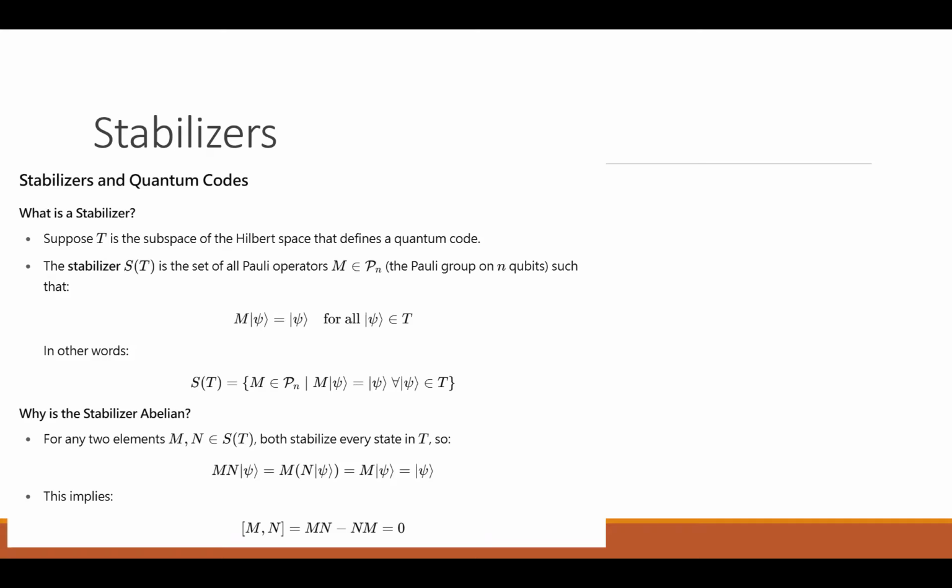So if you start with a subset of the Pauli group, you can define the states which are stabilized by it. And if you give me any subset of states, then you can define the set of all the elements in the Pauli group that satisfy this condition. The stabilizer states are defined so that these two need to be consistent. You need to make sure that S generates a code space, and if that code space is put into this definition, then you get back the same set S.